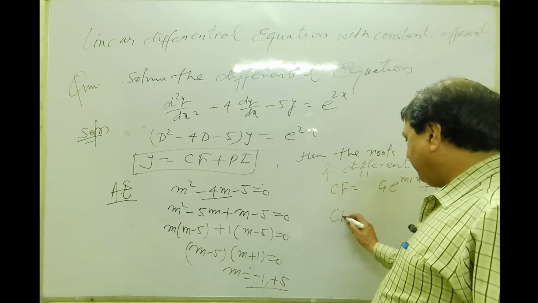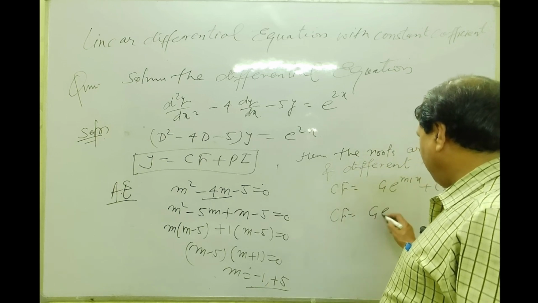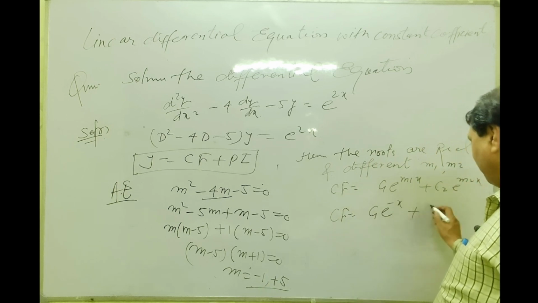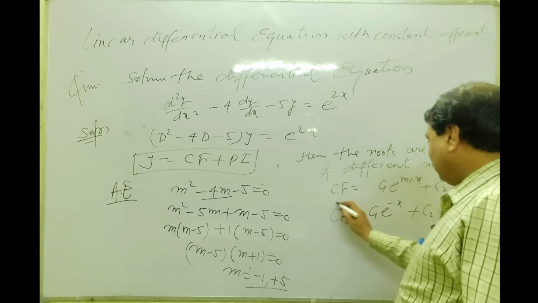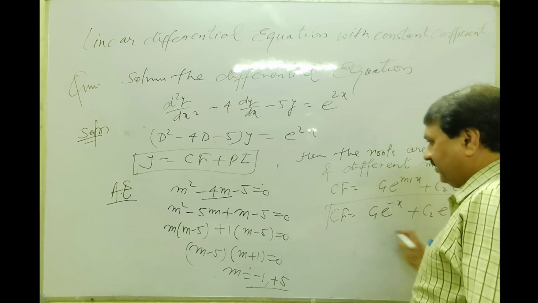So the complementary function is CF = c1 e^(−x) + c2 e^(5x). This is the complementary function of this question.